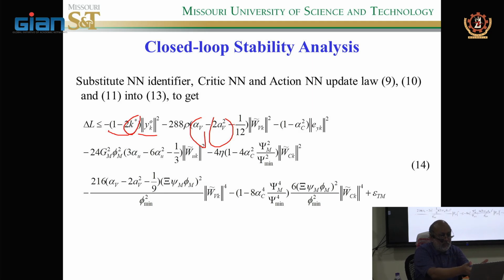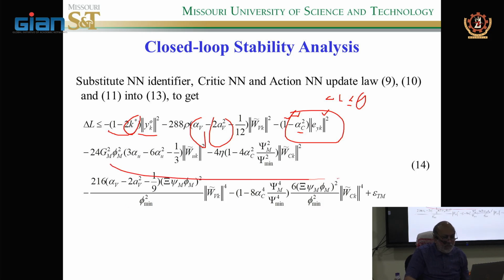We use those because we need delta L to be less than or equal to 0. So therefore we show that K has to be less than half, and alpha C squared has to be less than 1, because this has to be positive with a minus sign. This is always positive, therefore with the minus sign this is always negative. And that shows that delta L is decreasing.